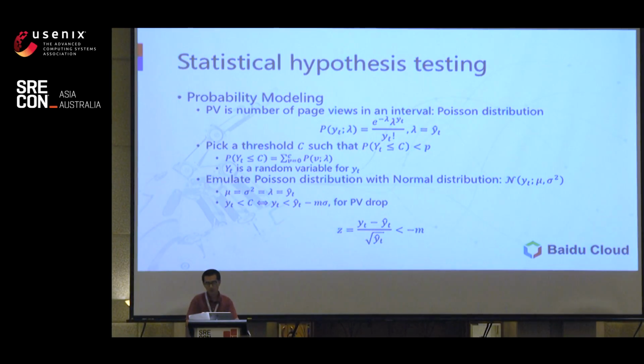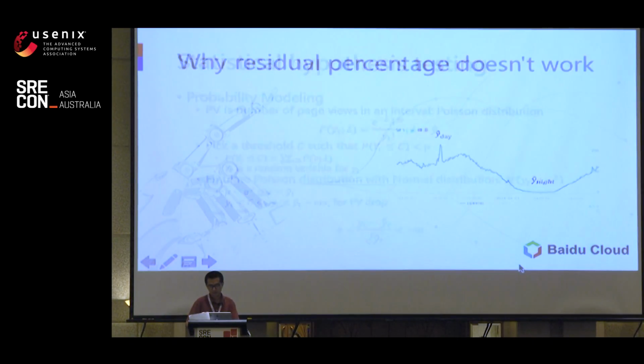Actually, we can compute a better value z, the quotient of the residue divided by sigma. Now, the detection only needs to compare z against minus m. Here, m is decided by p only. P is the probability threshold and is free from the influence of the PV number scale and time. The value z is called the z-score in statistical hypothesis testing, and the procedure is actually a z-test.